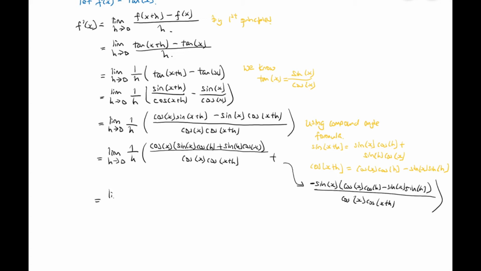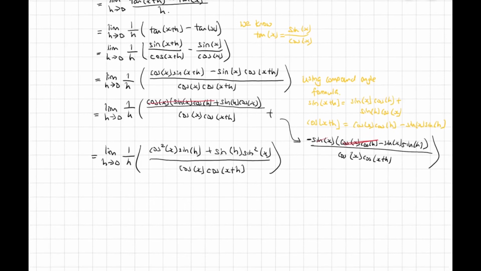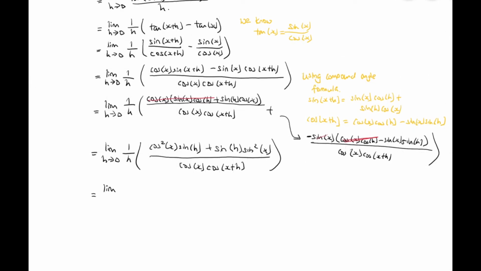Alright, what we can now see is that we can cancel some terms off, so the cos x sine x cos h can be cancelled out. Then we're just left with cos squared x sine h plus sine h sine squared x, all divided by cos x times cos of x plus h. Now I can factorize out the sine h. That will equal the limit as h approaches 0 of 1 over h of sine h times (cos squared x plus sine squared x), all divided by cos x times cos of x plus h.